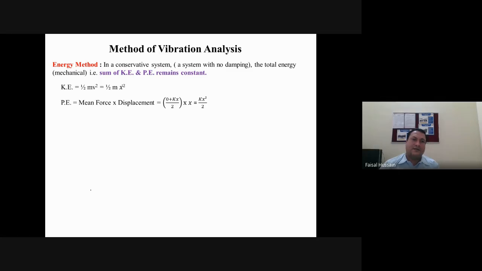The total mechanical energy involves the sum of kinetic energy as well as potential energy, and it will remain constant. So let us see the energy method concept.